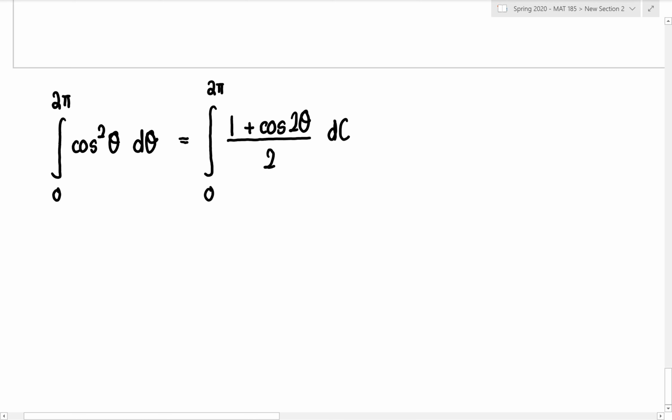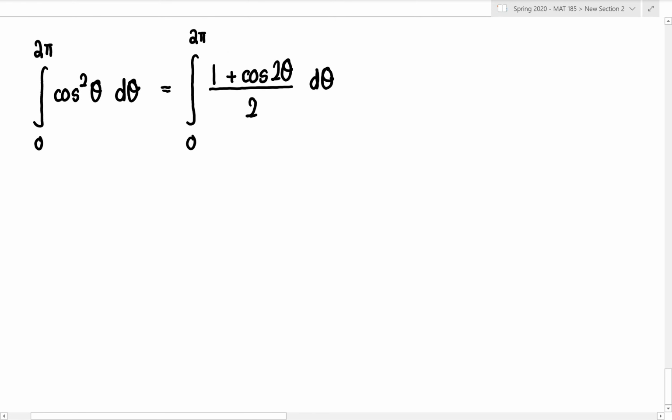Whenever you have even powers of sine and cosine, so the power of cosine here is 2, and really there's a sine with power 0 showing up, but anyways, there's only even powers here, we're going to have to use the double angle formula. So in this case, cosine squared theta is going to be (1 plus cosine 2 theta) over 2.